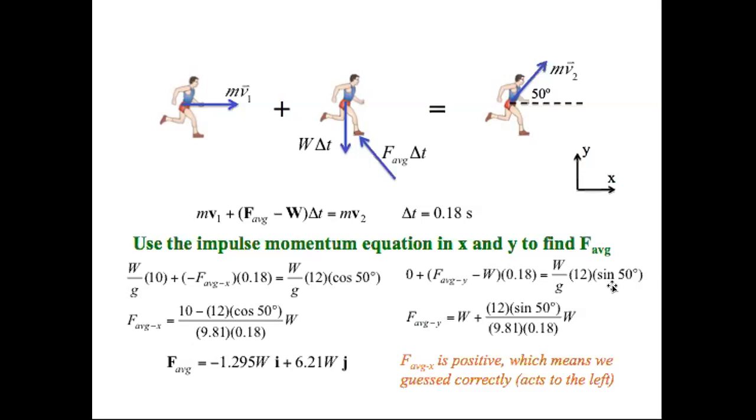The force exerted on the jumper in the y direction is the force of gravity, or W, and the force of the ground on his foot in the y direction. After we solve this equation, the average impulsive force exerted by the ground on his foot in the x and y directions is negative 1.295 W in the x direction and 6.21 W in the y direction.